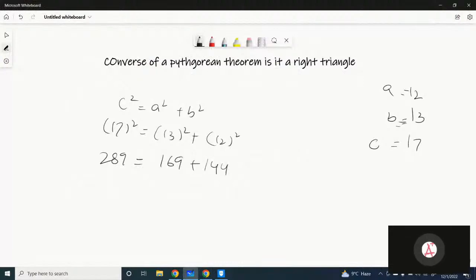So just add them. 169 plus 144 equals 313. So no, they are not equal. That means this isn't a right angle triangle. So select the correct option and click on the OK button. The answer is no.